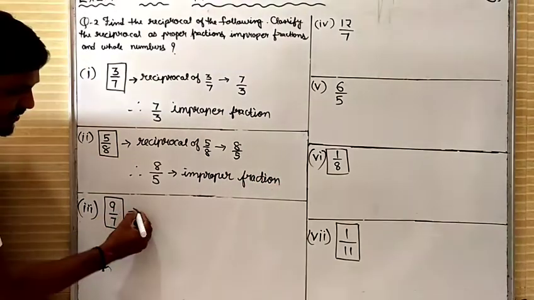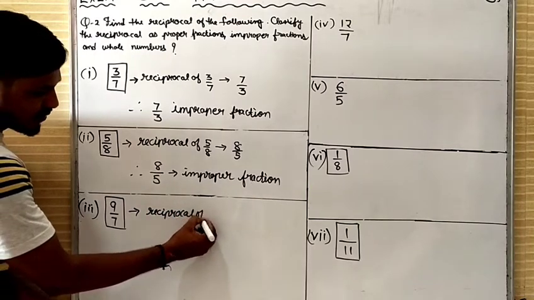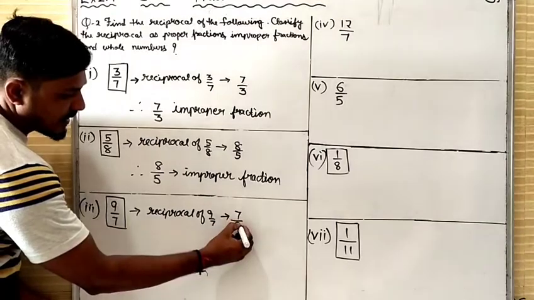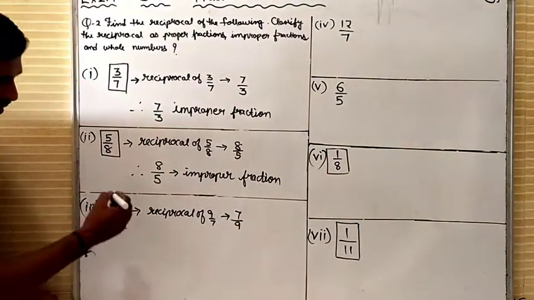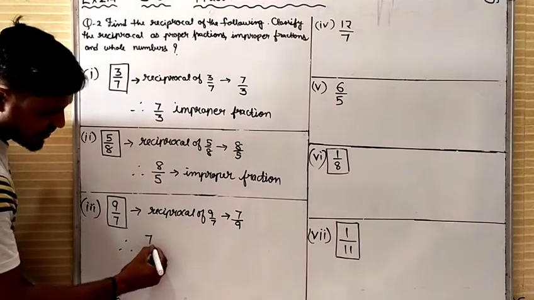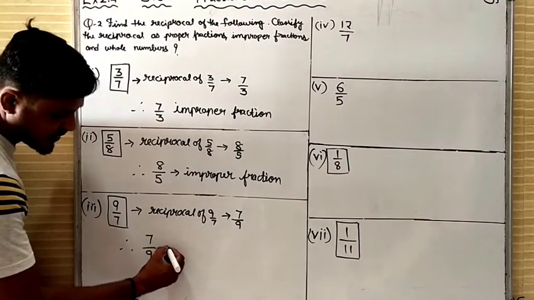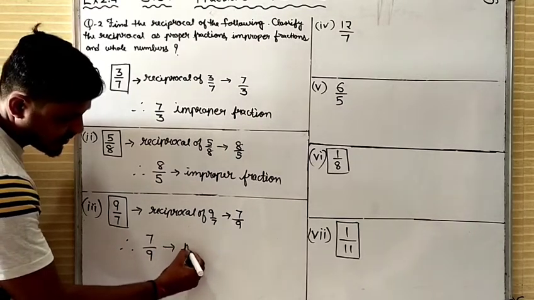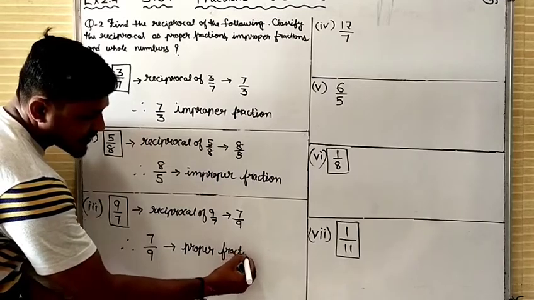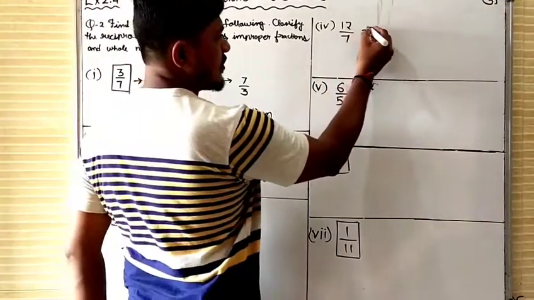Then 9 by 7. Reciprocal of 9 by 7 gives 7 by 9. Then write down, therefore 7 by 9, here numerator is less than denominator, therefore it is a proper fraction. 12 by 7.